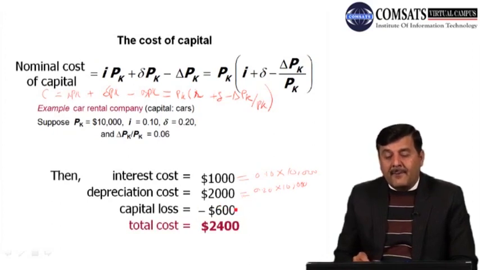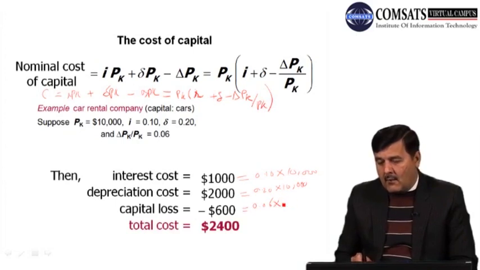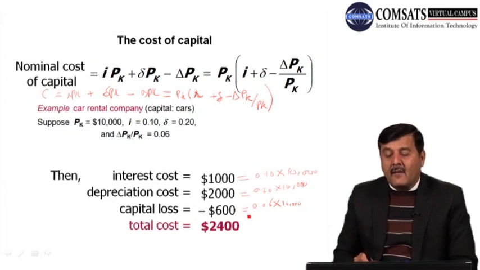Then capital loss is what? Delta PK is 0.06. If we multiply this with 10,000, it will become minus 600, right? So we have a negative sign because it is a loss.